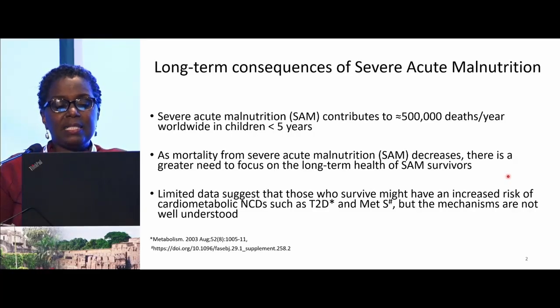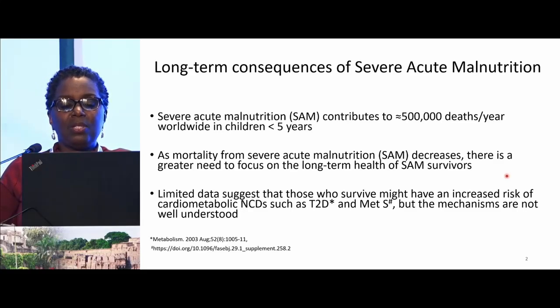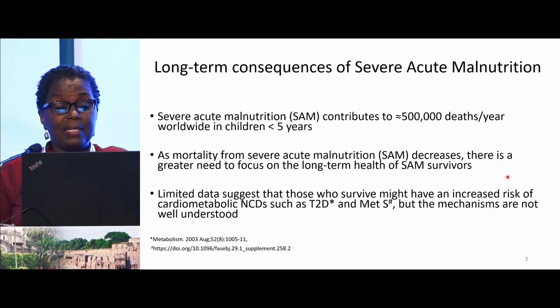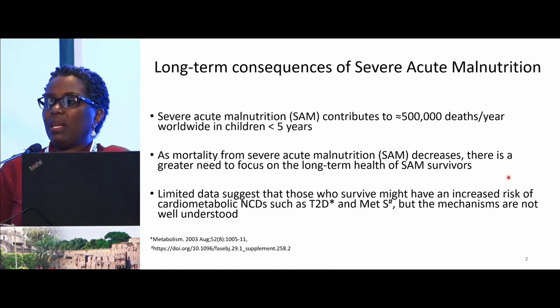Now, there's limited data that suggests that those who survive might have an increased risk of cardiometabolic NCDs, such as type 2 diabetes and metabolic syndrome. But these mechanisms are not well understood or investigated.